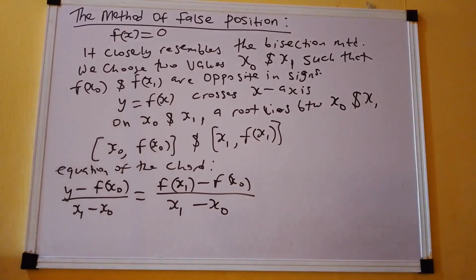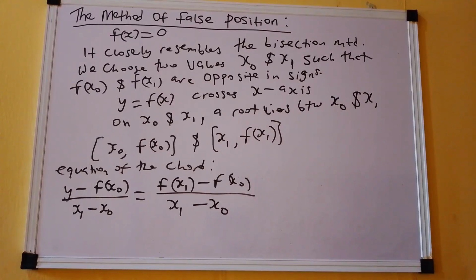So this will now be the equation of the chord that is joining these 2 points, x0, f of x0 and x1, f of x1.